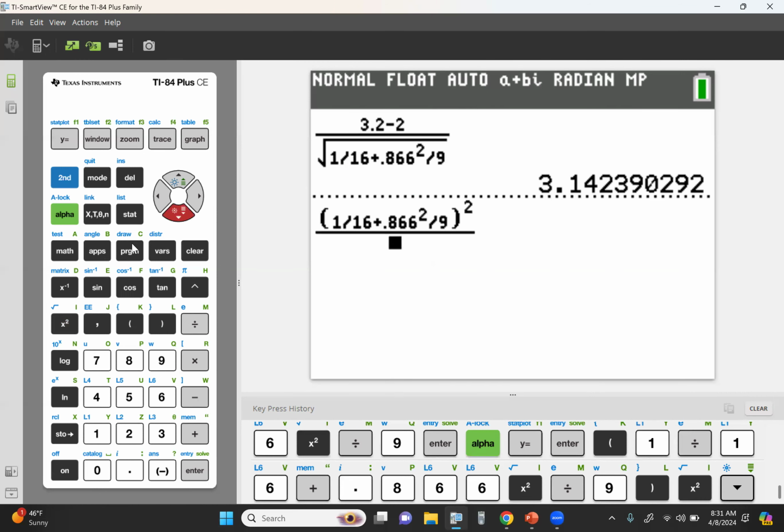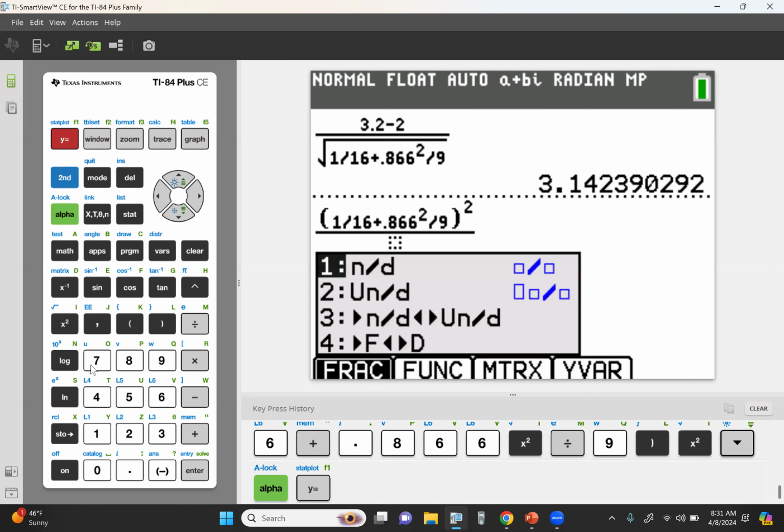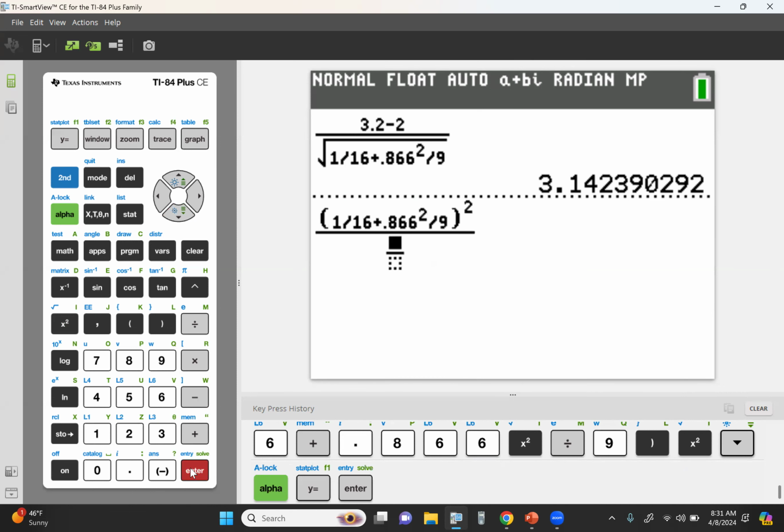Okay, so what's in the denominator? In the denominator, I'm going to use my fraction button, which just helps me keep track of it a little bit better. In the numerator of that first one, I had 1 times 1 squared squared, so 1 times 1 to the 4th. I'm going to put that in there just so you can see what happens.